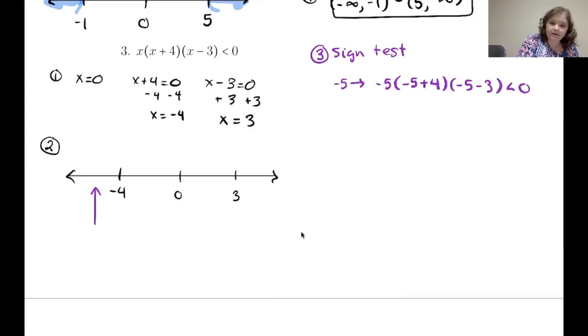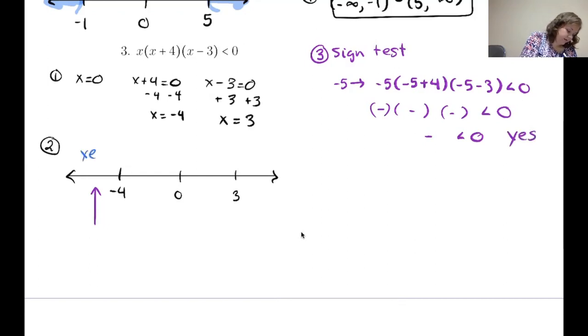Okay, so -5 is negative, clearly. -5 plus 4 is negative, and -5 minus 3 is negative. So negative times negative times negative is a negative, which is less than 0. So that makes our inequality true. So that one is a yes. And so we shade that interval.